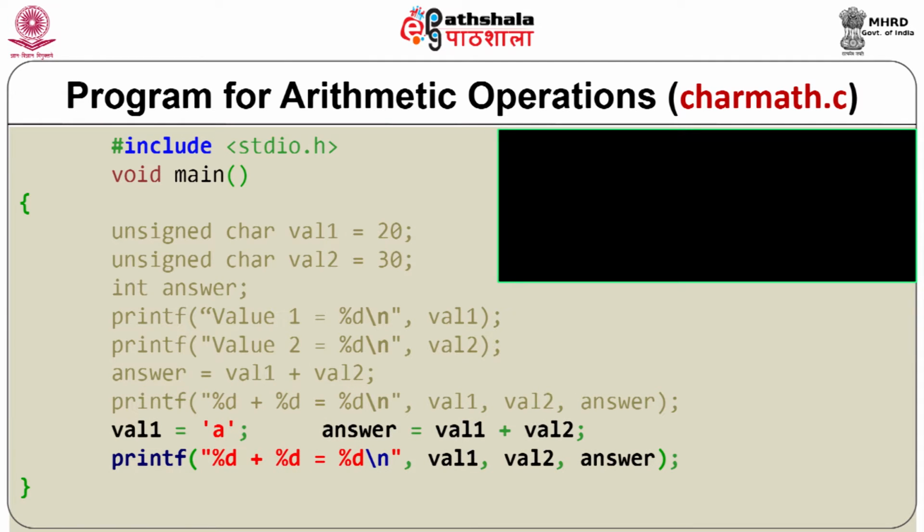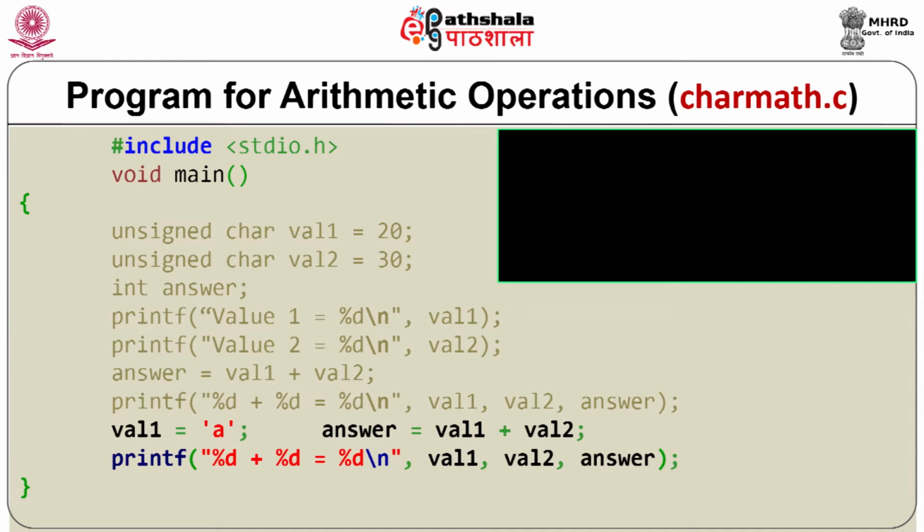Next we are considering value 1 is 'a' in single quotes and your answer is value 1 plus value 2. Now this addition will be done with the ASCII and decimal number because the ASCII value of lowercase a is 97.